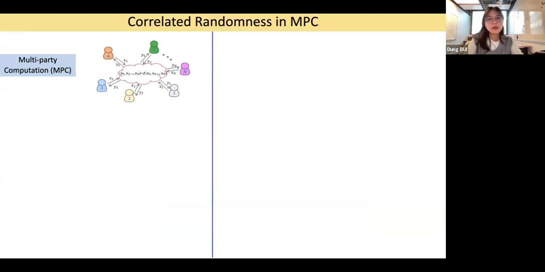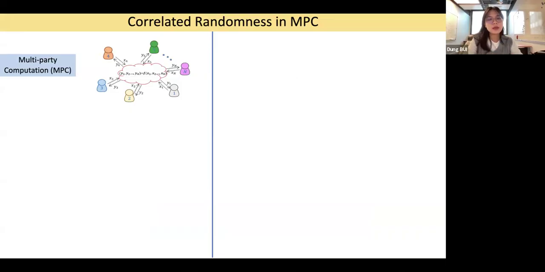So we start with some basic background about MPC and correlated randomness in MPC, because in MPC we use a lot of correlation or randomness in the preprocessing. So we start with MPC, or multi-party computation.